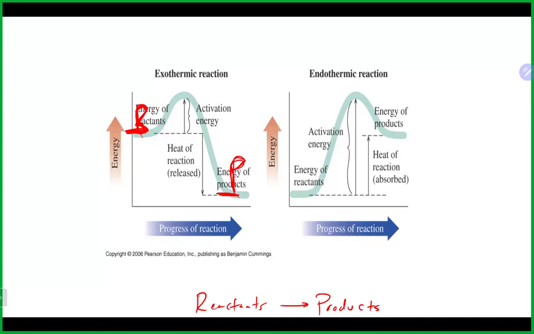So whenever our reactants are higher in energy than our products, typically this is going to be an exothermic reaction. The only way that our reactants can get down to our products in terms of energy is if overall energy has to be released in this reaction, which is an exothermic process.